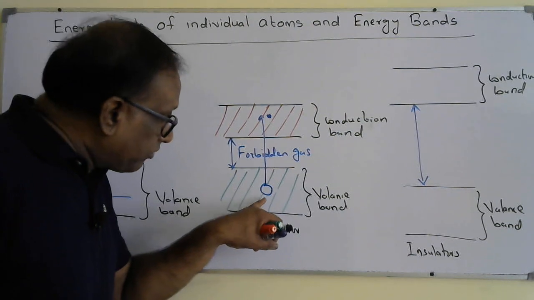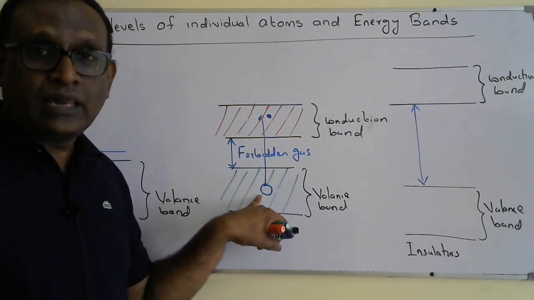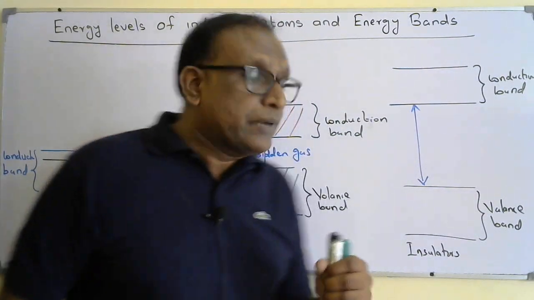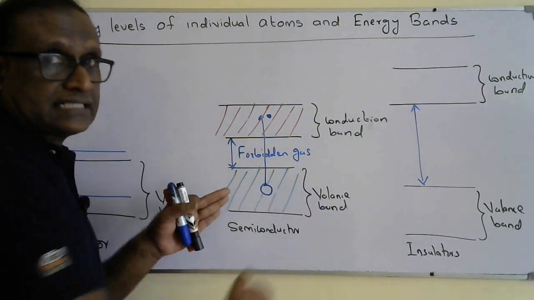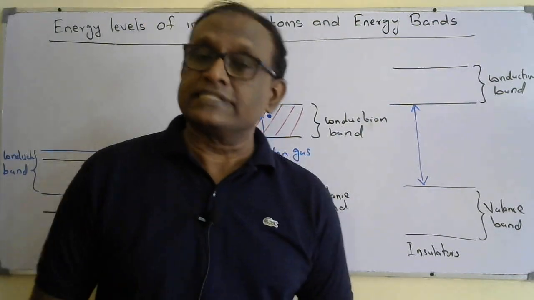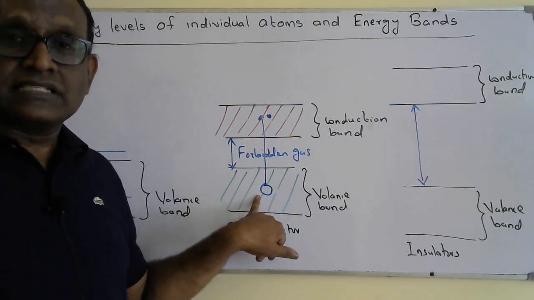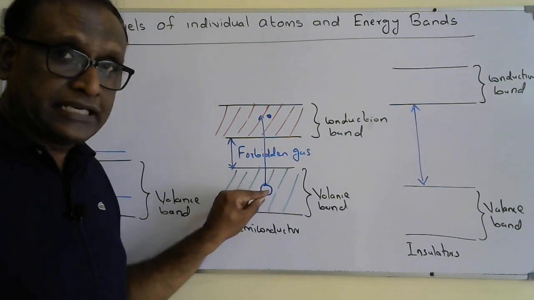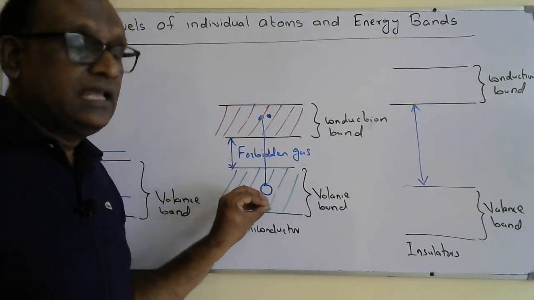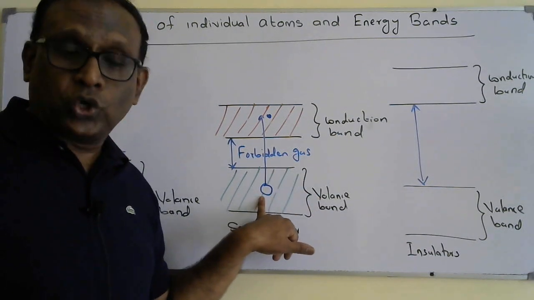Now, after an electron is excited, there will be a vacancy in the valence band. This vacancy has the ability of attracting neighboring electrons from the valence band. The hole behaves like a positive charge because it has the capability of attracting electrons towards it. If there's a vacancy, other electrons in the valence band can jump to this hole.